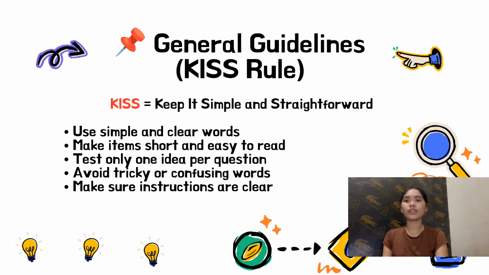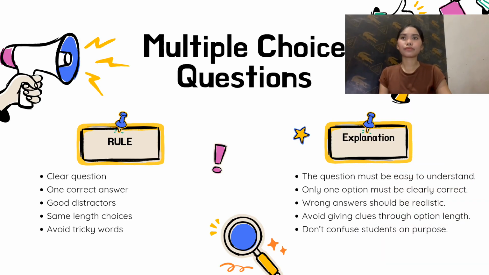And in my past video, sinabi ko sa inyo yung 5 test types ng mga questions. And dito tatalakayin natin yung mga rules nila at i-explain ko kung ano nga ba yung mga yon.